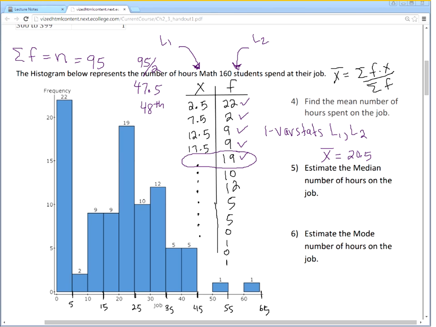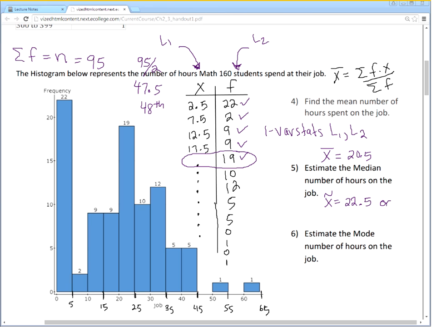That's one way of estimating. Now, if you already found the mean, your calculator also has the median. So if you just scroll down, you will see the median. And so your option is to just tell me what the median is. I ended up getting 22.5.